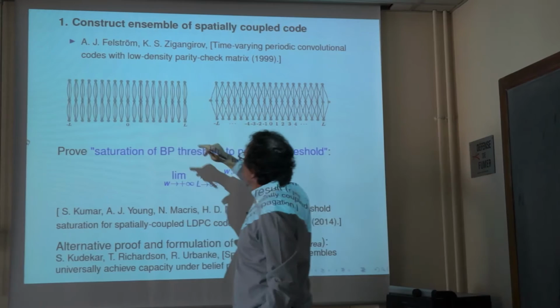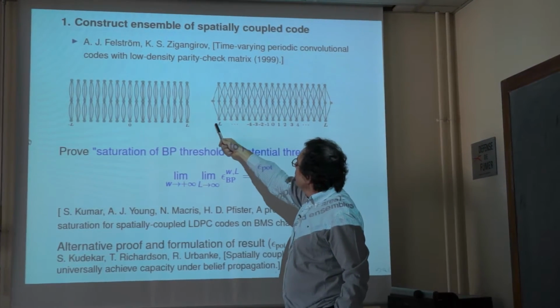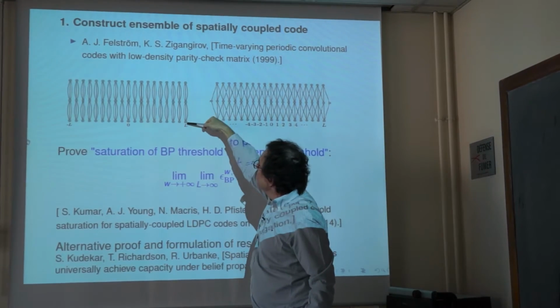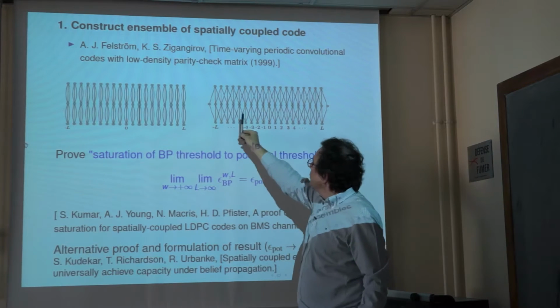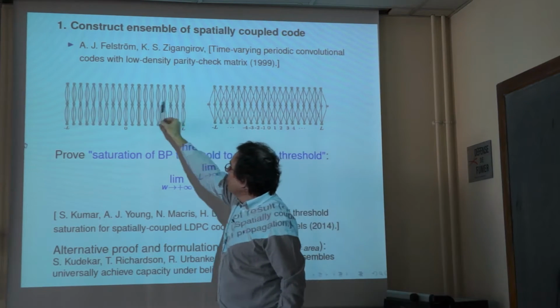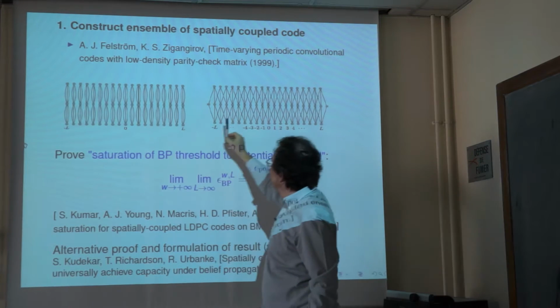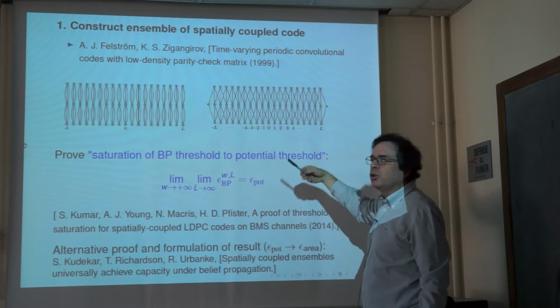I won't describe this in detail, but that is a code. Each code here has a length n. You have n code bits. For the spatially coupled structure, you sort of couple various random graphs here, and you multiply the length of the code by L, or 2L maybe.